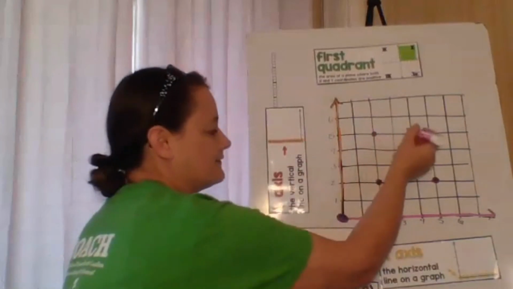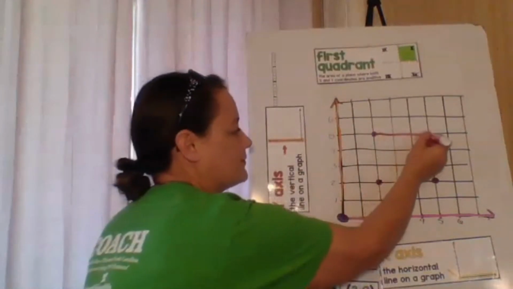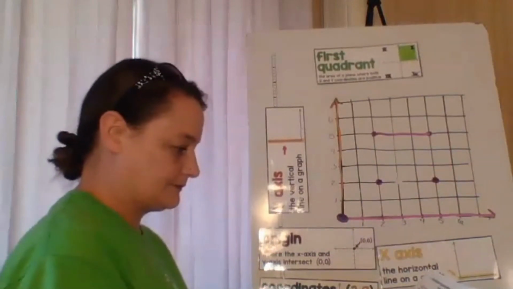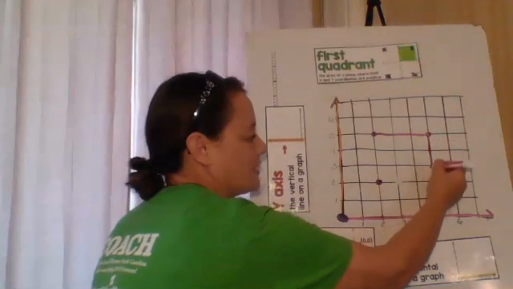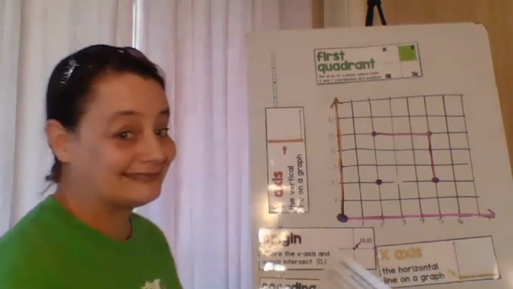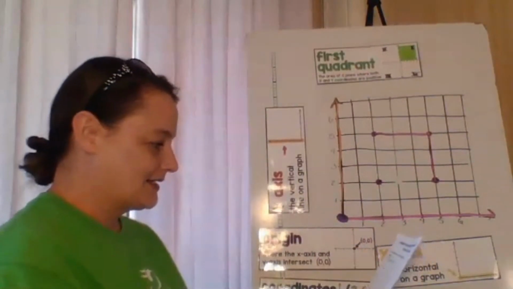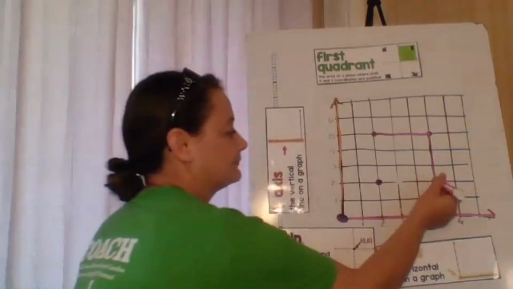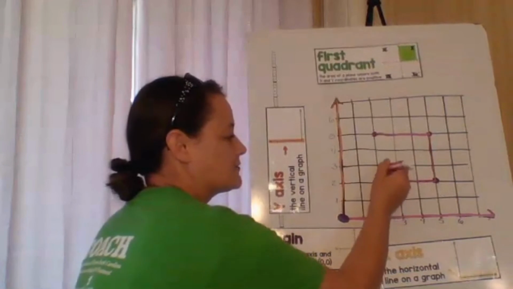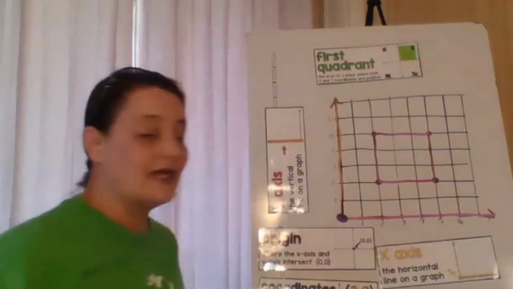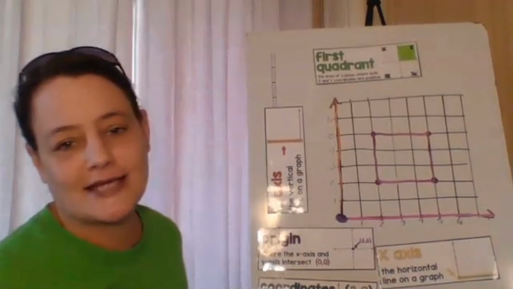We're going to go to 5, 5, which was our second point. Then 5, 2. Anybody know what shape this is going to be when we're finished? All right. 2, 2. And then we're going to connect our first one to our last one. And we have, ta-da, a rectangle.